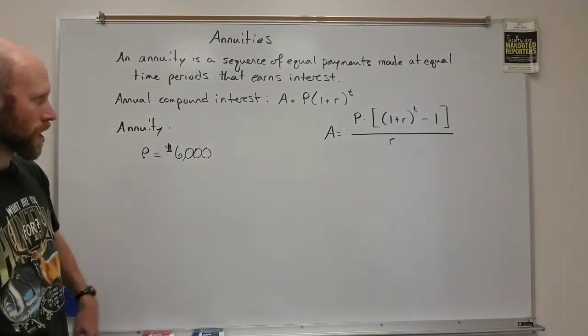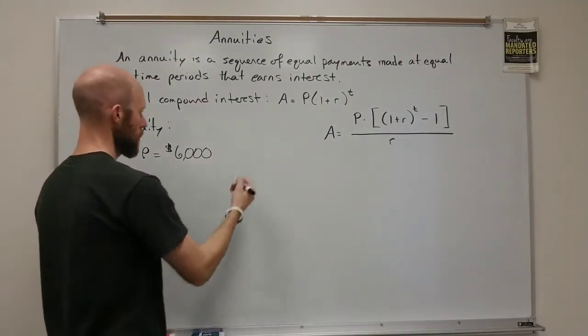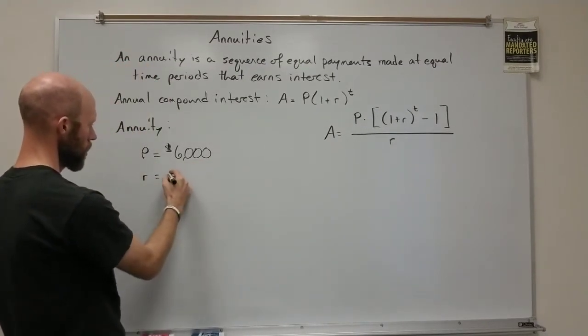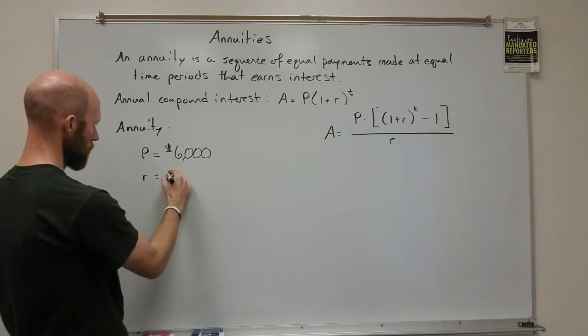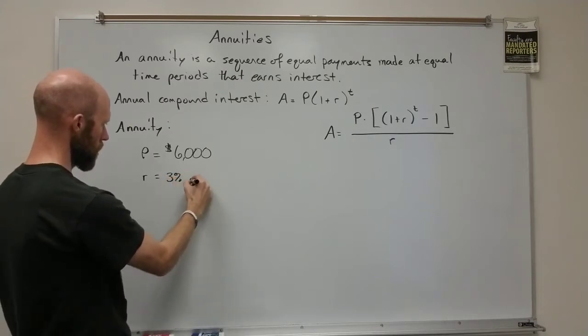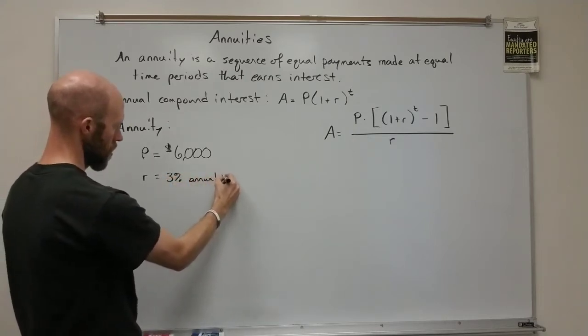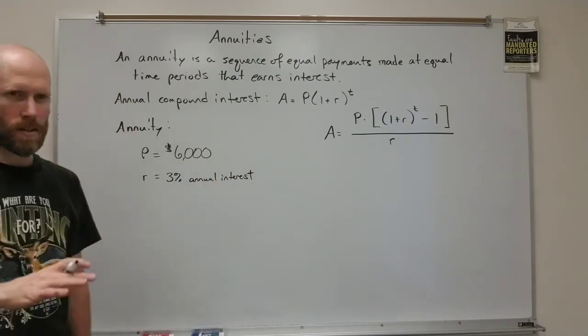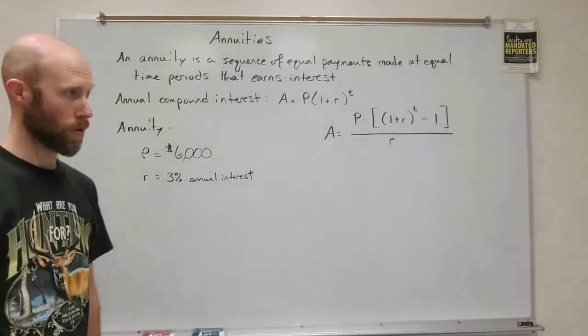You put in your $6,000, and I don't know what a reasonable interest rate is, maybe a 3% interest rate. I'm sure that's low, and it does vary over time, but I'm going to go with that for now.